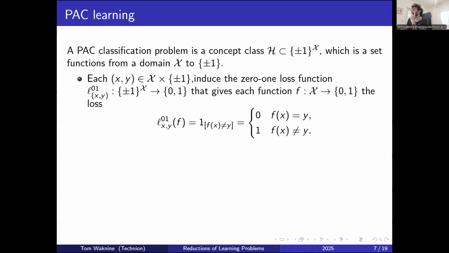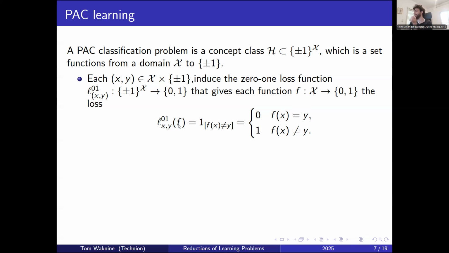So what do I mean by a classification problem? We are working in the PAC learning setting. A PAC classification problem is essentially just a concept class, a set of functions from X to, in our case, plus or minus 1. And each point in the label domain, each x and y, induces a 0-1 loss function that gets functions and outputs a number.